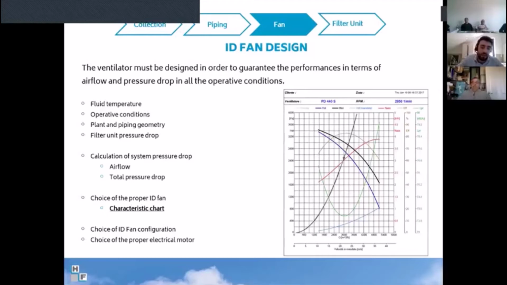Then we can choose the fan configuration, so the options and the size, the orientation, and so on. And then at the end, we have to choose the proper electrical motor, because the system is made of a lot of items, and all these items must work together in order to guarantee the performances.